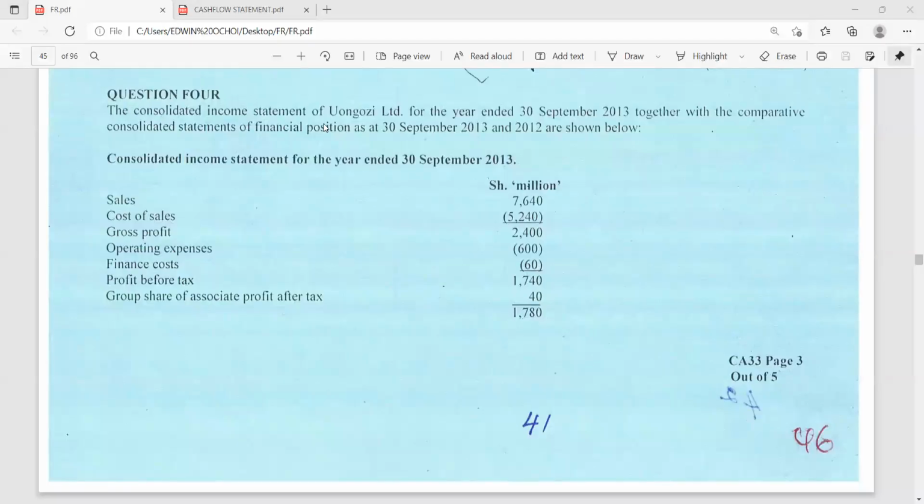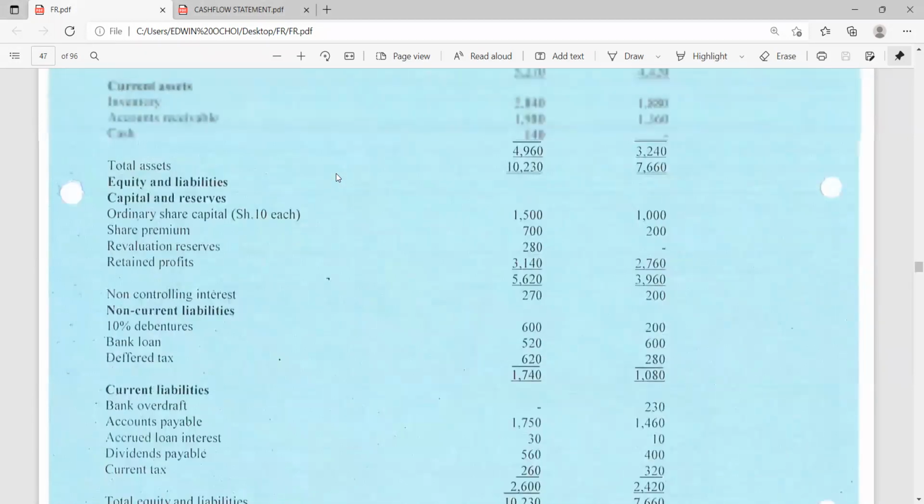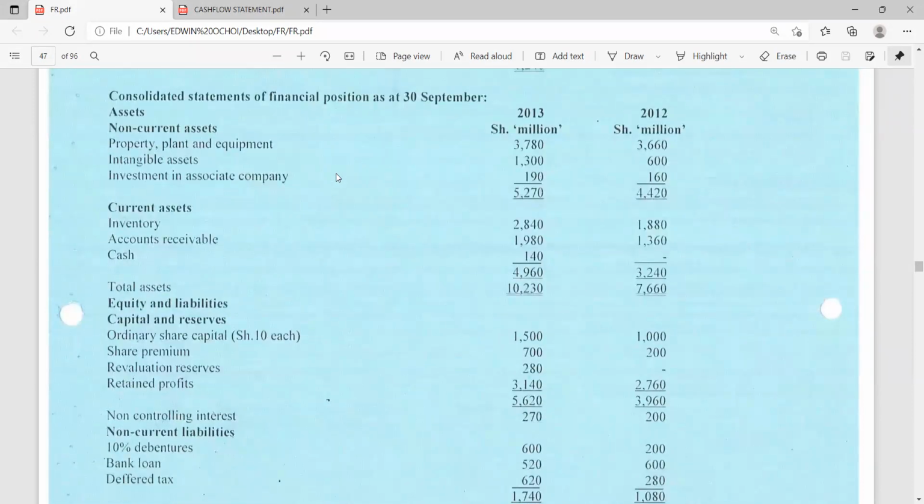The consolidated income statement of Uongozi Limited for the year ended 30th September 2013, together with the comparative consolidated statement of financial position as at 30th September 2013 and 2012 are shown below. So we have the income statement for the year ended 30th September 2013, then a statement of financial position for 30th September 2013 and 30th September 2012.